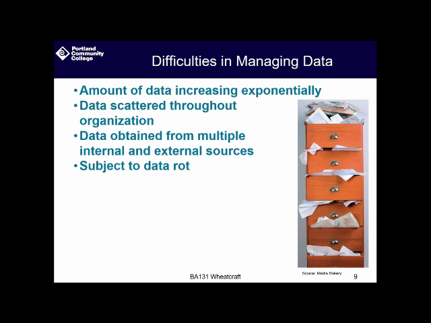One of the concepts that's important to understand is this idea of data rot. What's meant there is this is information that is old information. And as data gets old, then there's a possibility that it's no longer valid. The easiest example to think of is your physical address.